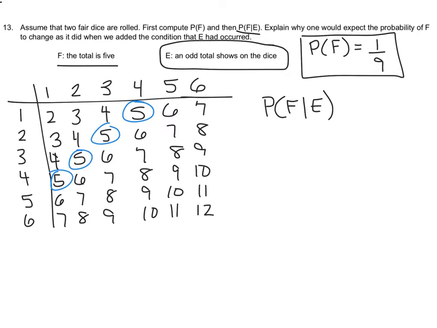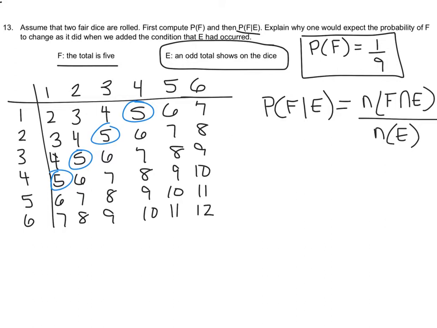The formula for a conditional probability of F given E is the number of times the intersection of the two events occurs divided by the number of times the second event occurs, or E.